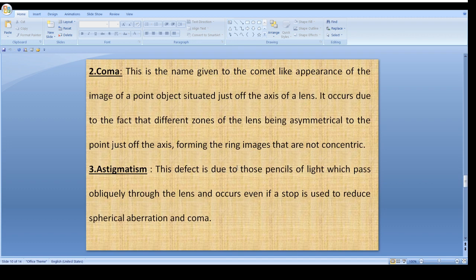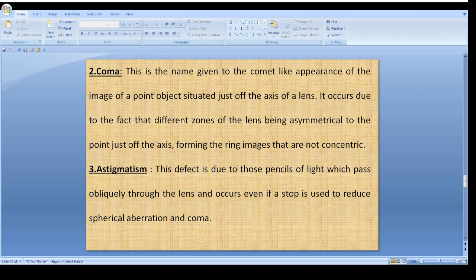Coma: this is the name given to the comet-like appearance of the image of a point object situated just off the axis of a lens. It occurs due to the fact that different zones of the lens are asymmetrical to the point just off the axis, forming ring images that are not concentric.